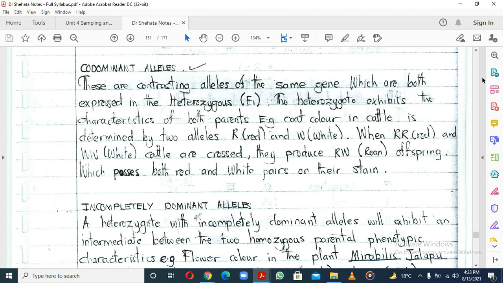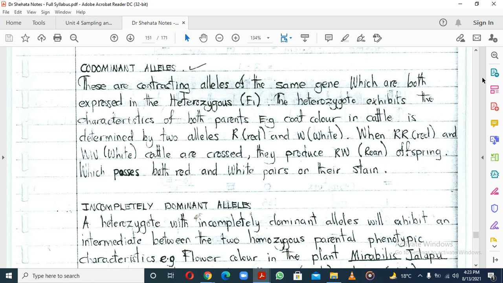The best example is the coat color in cattle. So let's just break it down: the heterozygote is going to exhibit the character of both parents.